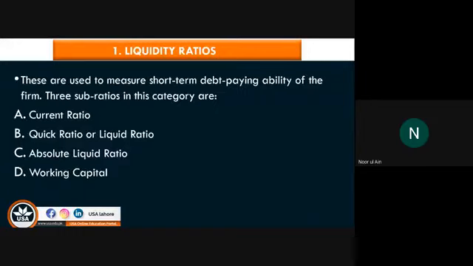Liquidity means, as you are already familiar with the terminology, the ability of a firm to generate cash, or to have more cash and cash equivalent items in its balance sheet in order to pay off its short-term liabilities, or the cash or close-to-cash items in the balance sheet which can be utilized to pay off the short-term liabilities.